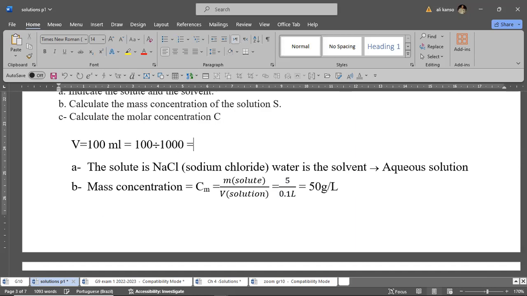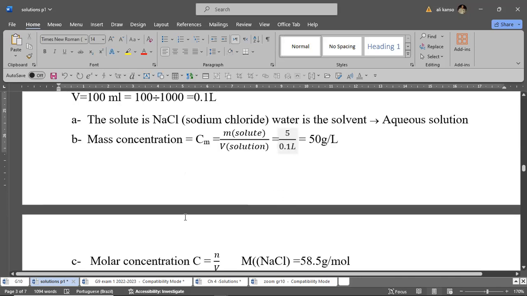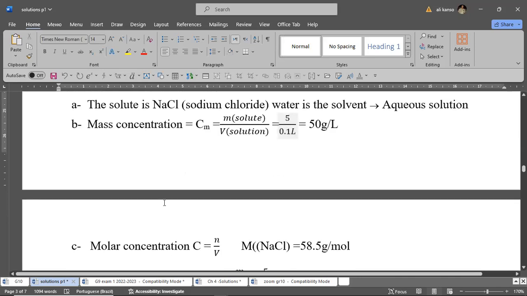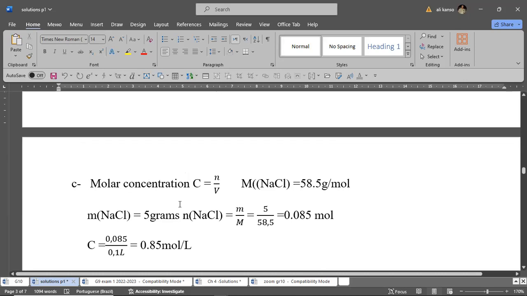We get 0.1 liter. You have to use it in liter. Or just you divide the mass over the volume. And for the molar concentration, you have one more step to do before calculation. You have to change the mass into number of mole. Then you can divide N over V.